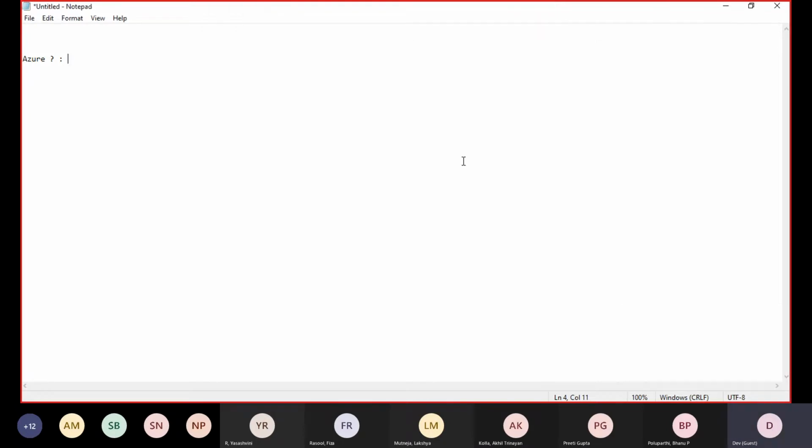So we were talking about Azure. What exactly is this Azure? Can I say it's a platform, or it's a product? I can call it a product. It is being provided by Microsoft.